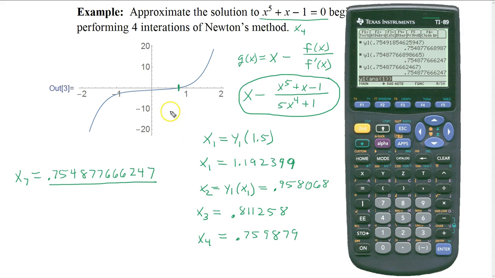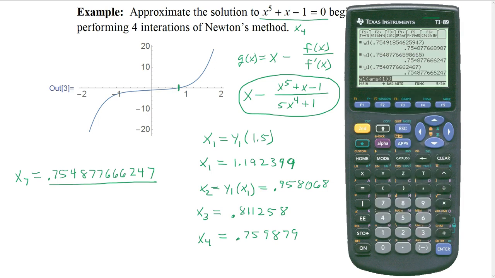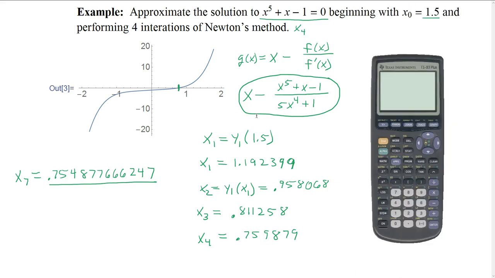Let's take a look at doing this with the TI-83 just to show you how to set it up. Close out my 89 here. Now my emulator for the TI-83 is a little smaller. So the same procedure. You have to press the y equals button and store this function into the y1 register of your calculator.